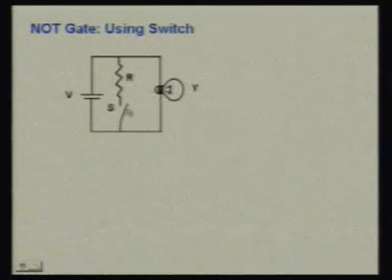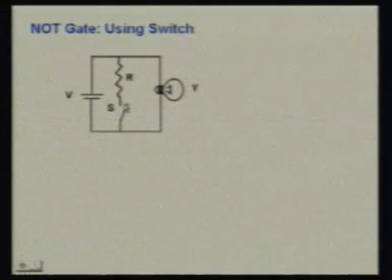Now if the switch is closed, the current will flow through the resistance R, as we have already said that this R is very small compared to the bulb. So the whole current will flow through this resistance R, and almost no current will flow through the bulb Y. So we will not get any output, the output will be 0, and the bulb will not glow.